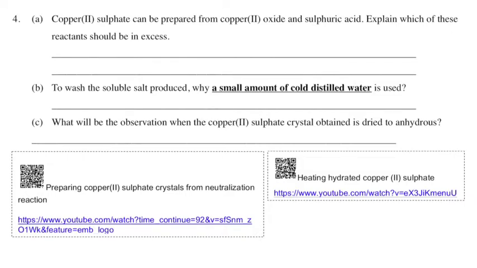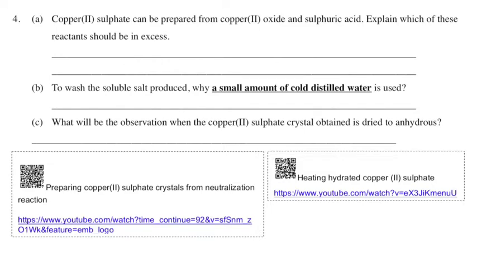So which one should be in excess and which one should be left in the solution that can be easily removed? If we have sulfuric acid in excess, that means there's no copper(II) oxide left in the mixture, and the mixture will contain sulfuric acid and also copper(II) sulfate. Both of them are soluble. So how can we remove sulfuric acid from the mixture?